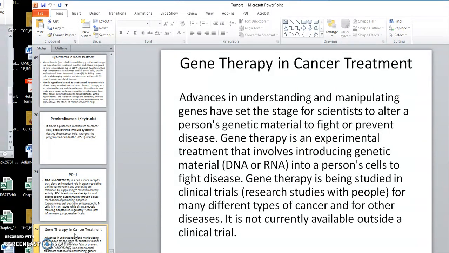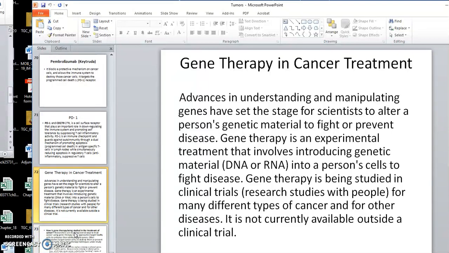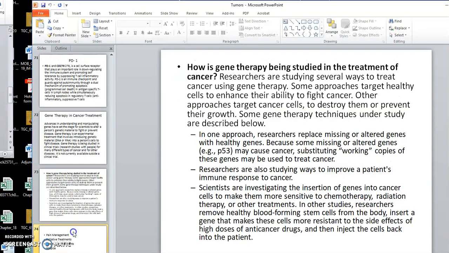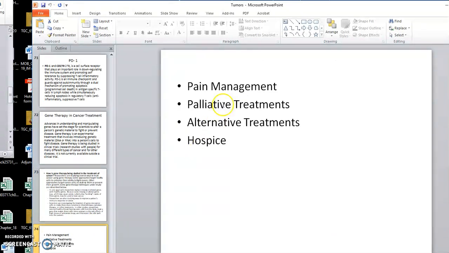Gene therapy is a new way that we're getting very heavy into. So these are some various treatments. And of course, if things can't work, then pain management, palliative treatment, that means treating the symptoms. Alternative treatments.